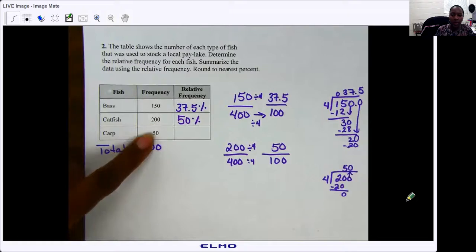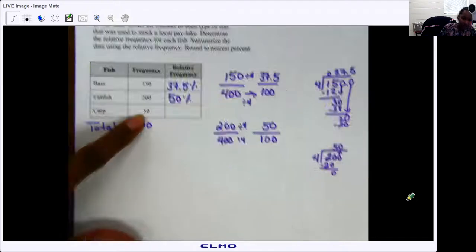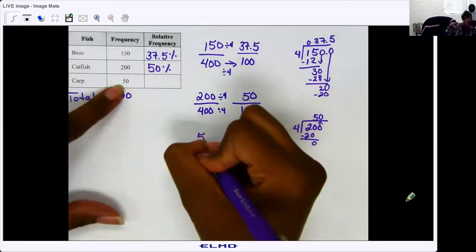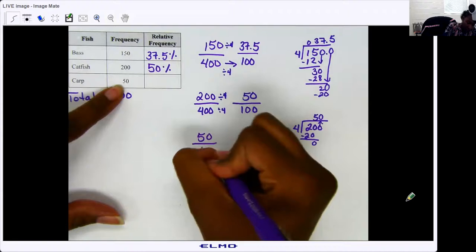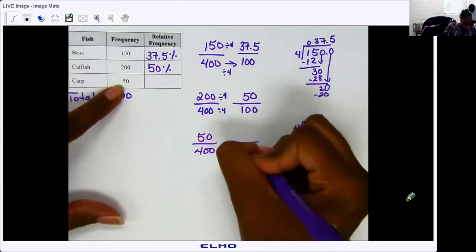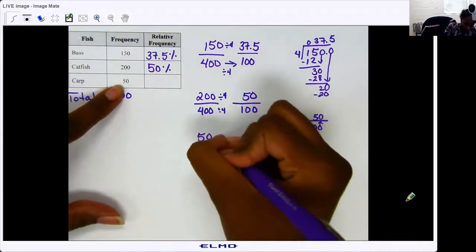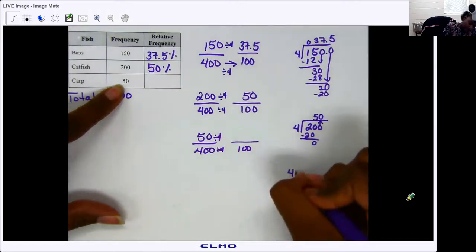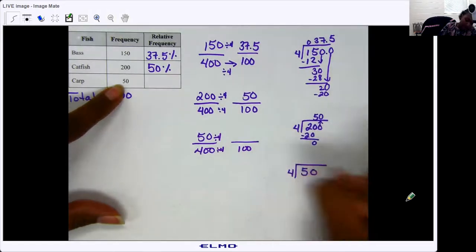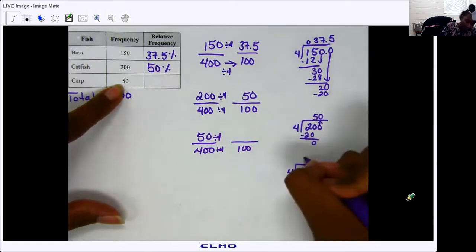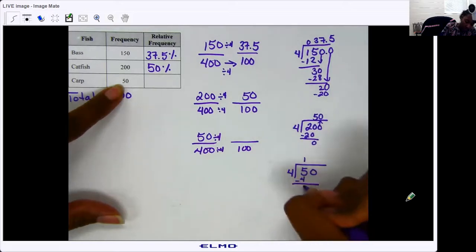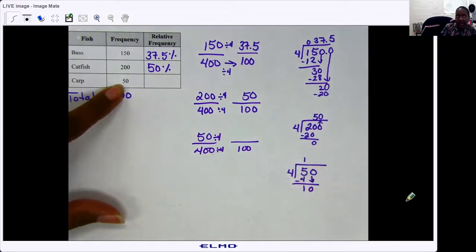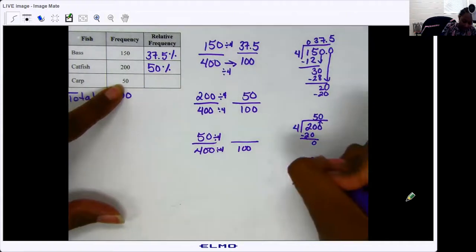Okay. And then the last one is 50. So we're going to do 50 out of 400. Dividing by 4. 4 will go into 5 one time with 1 left over. 4 will go into 10 2 times.